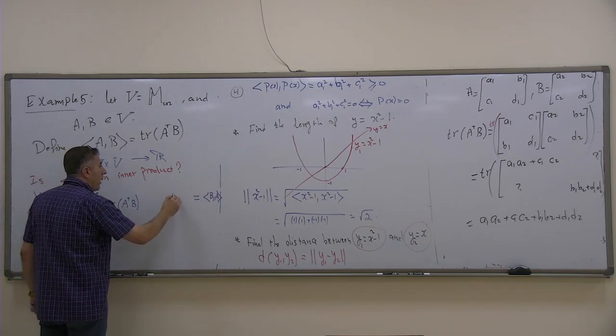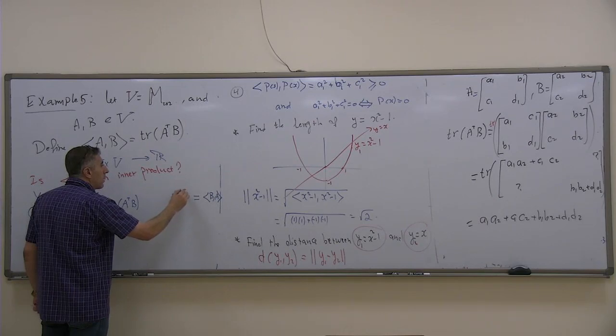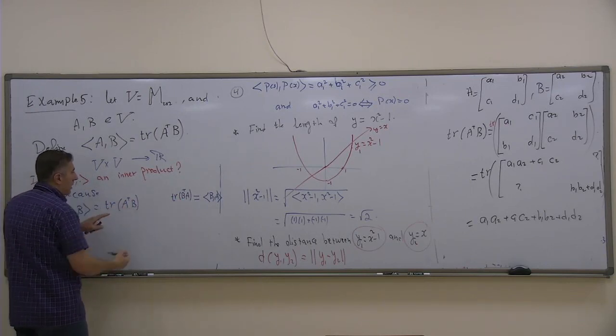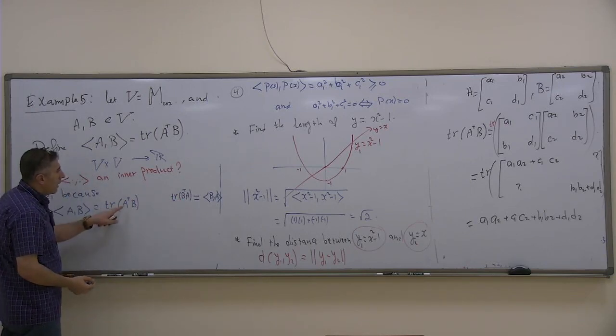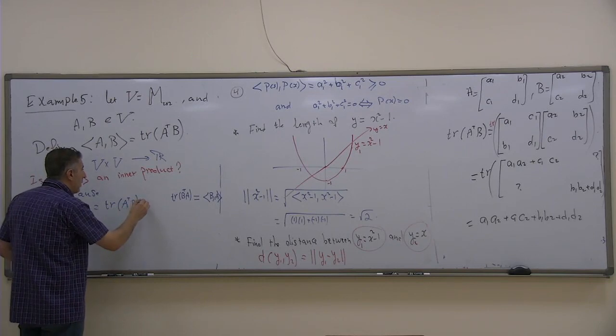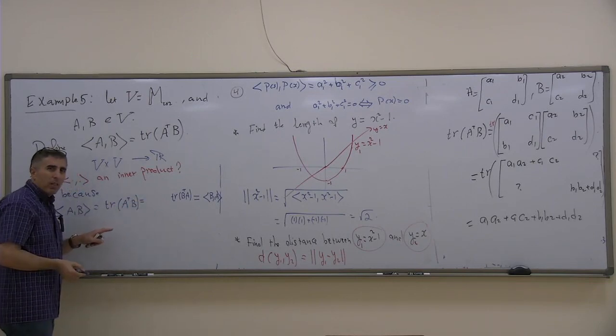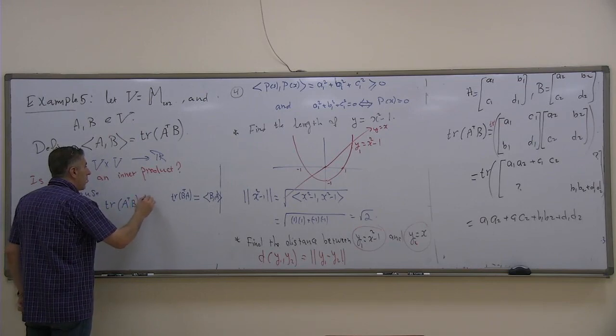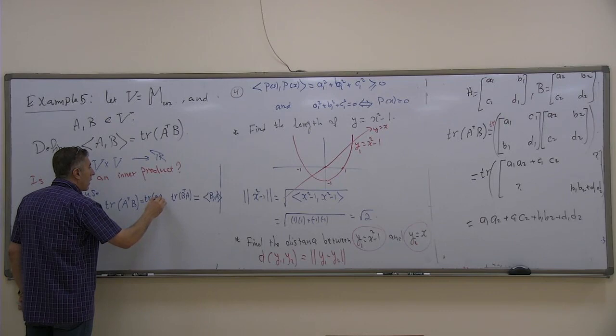This is a trace B transpose A. Now, how can I go back from this to this or forward from this to this? You know from the properties of the trace and the transpose, this is the same as trace B, A, transpose, all transpose.